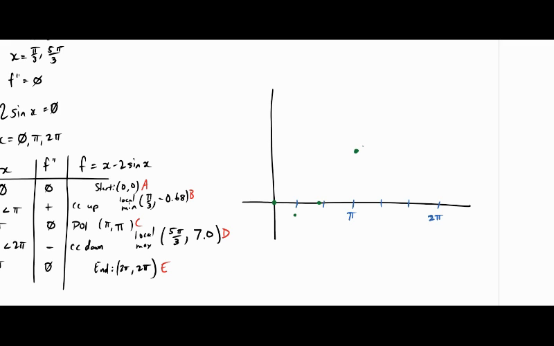That's point C. This is point A. This is point B. We didn't have that one listed. I have a local max at 5 pi by 3, so that's right around here. That's D. And then the end point E is 2 pi and 2 pi. It's right about there. So this curve looks something like this. Point of inflection, local max, end.